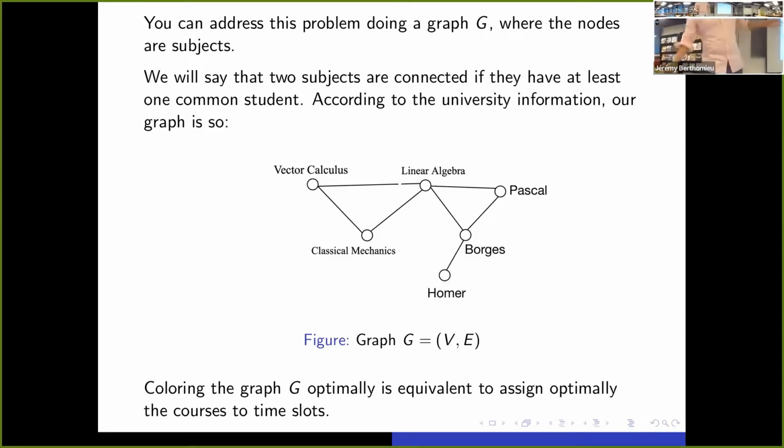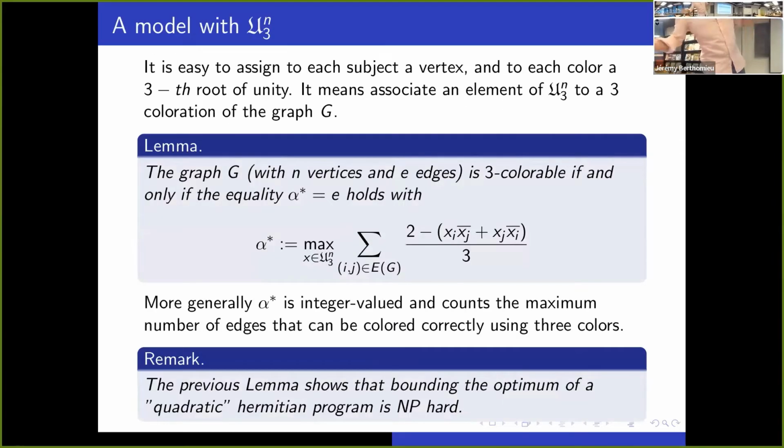So you can see, you can model this problem like this.